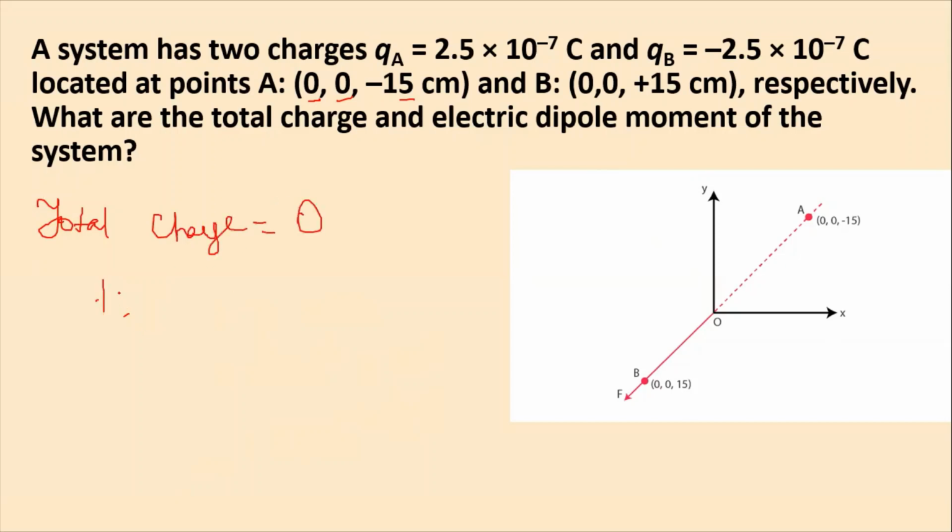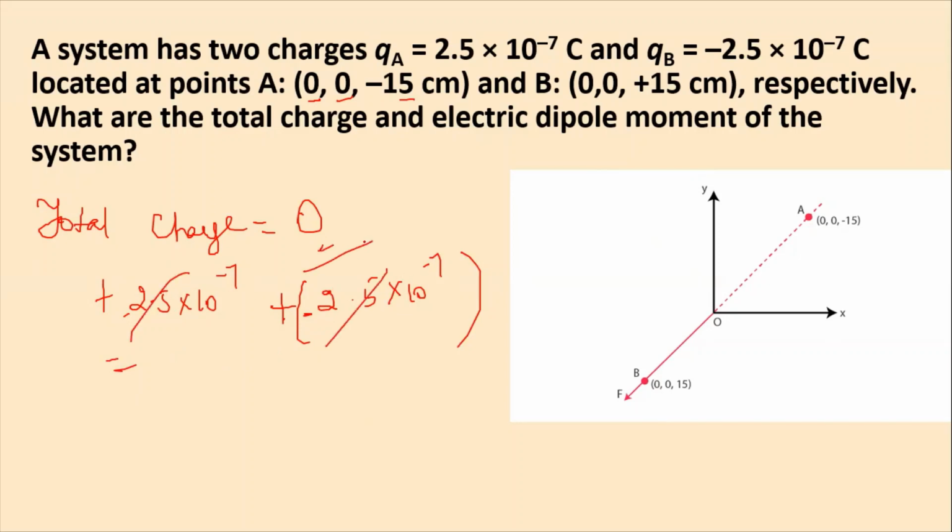Because plus 2.5 into 10 power minus 7 coulomb and minus 2.5 into 10 power minus 7 coulomb, charges are additive in nature, right? Plus into minus is minus, so they will get cancelled and you will get 0 as the answer for the total charge.